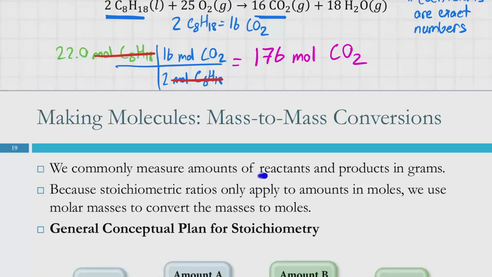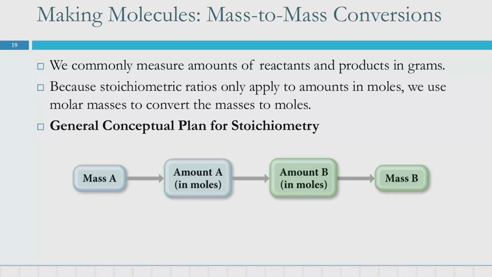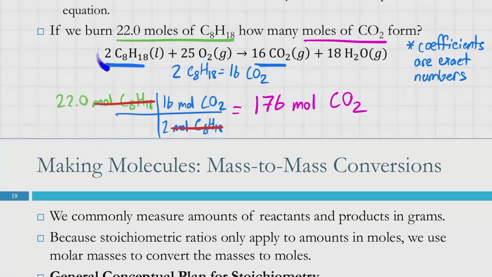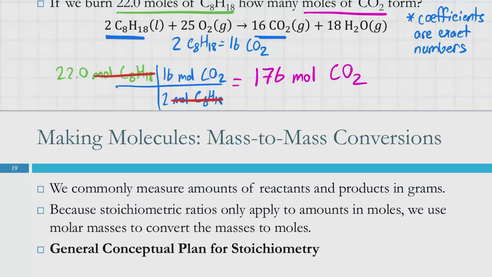Typically, we are going to measure amounts of reactants and products in grams. It's not always going to be in grams, but a lot of the time it's going to be in grams. The stoichiometric ratios, the ratio of the coefficients in our chemical equation, only apply to amounts in moles.